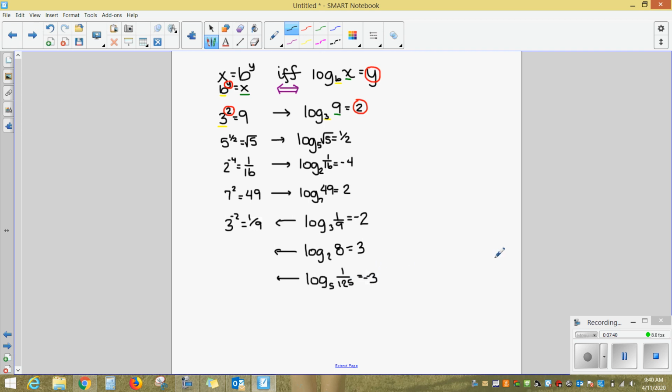So pause the video, put them back into exponential form, turn it back on to see if you're right. Log base 2 of 8 equals 3. 2 is the base. Across the road, 3 is the exponent. 2 cubed equals the stuff inside, which is 8. Down here, 5 to the negative 3 power equals 1 over 125.